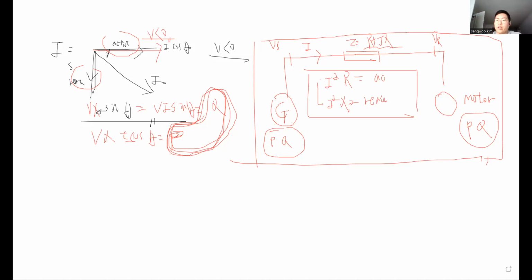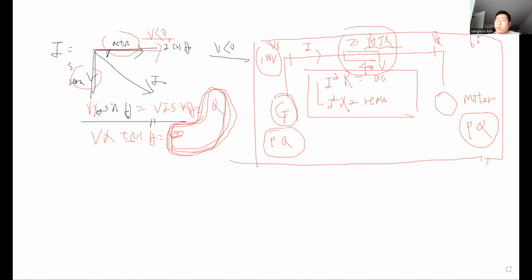We actually didn't use it; we lost it on the way. For example, the generator makes 100 volts, but because of voltage drop, we say loss, because the line is too long and there's resistance.